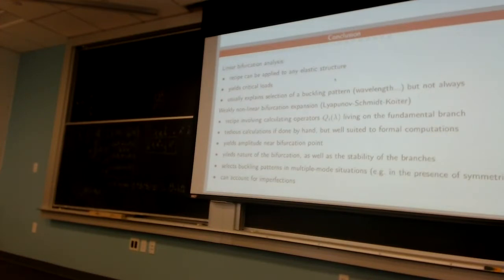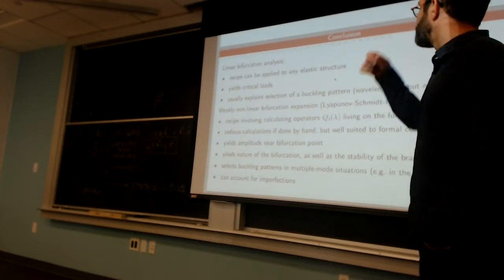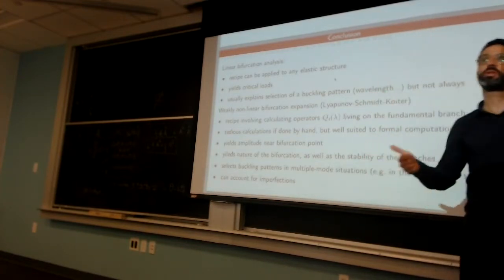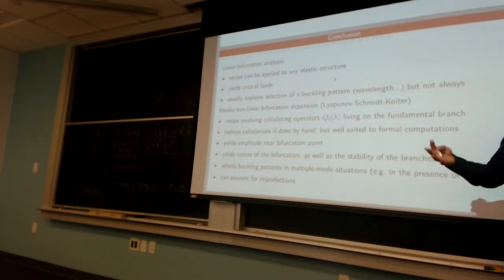Okay, so just a summary on what I was somehow hoping to cover last week, but I realized doing it was too much. So the linear bifurcation analysis is usually easy, at least for systems that are symmetric, invariant, or stuff like that, and it's quite common to do. It's a simple recipe that can be applied to any structure. You take the nonlinear equations of equilibrium, you linearize them near a particular configuration, and you find critical loads such that ghost modes or linear modes exist.